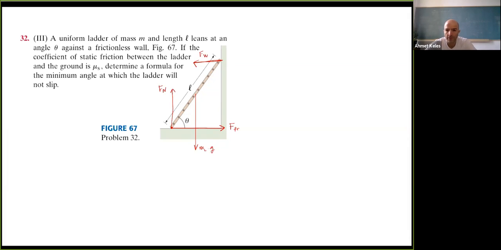Next, Fw is equal to friction. Yes, okay. So along the horizontal direction, I don't have many options. There's this guy and this guy. So I can just write Fw should be F friction, but we know what this is equal to. This is mu s times m ladder times g.